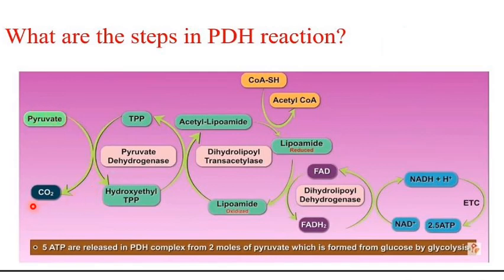But they are just the same thing, where we are saying that pyruvate dehydrogenase breaks down the pyruvate, releasing CO2 and using the TPP to form the hydroxyethyl TPP. Then the next enzyme, E2, which is dihydrolipoyl transacetylase, using the oxidized form of the lipoamide, takes the hydroxyethyl group, forming the acetylated lipoamide and returning TPP to its normal form.